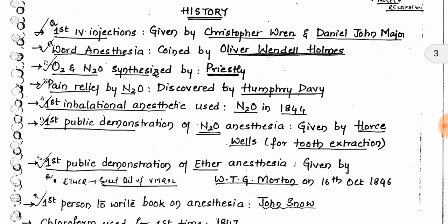First is W.T.G. Morton, who was actually the father of modern anesthesia. Okay, and he was the first person to publicly demonstrate ether anesthetic.